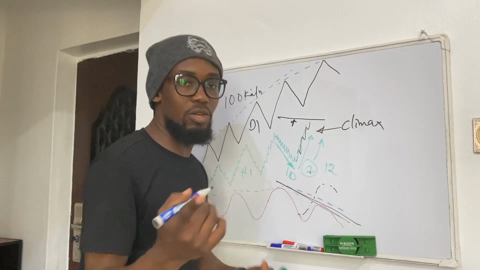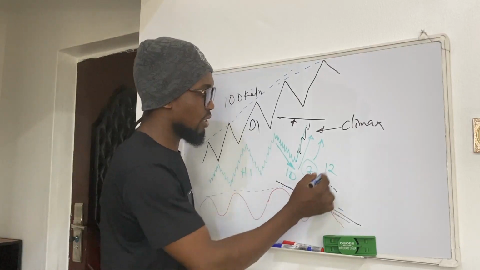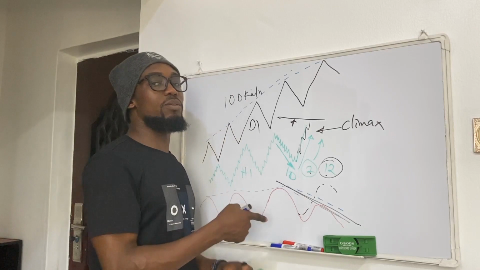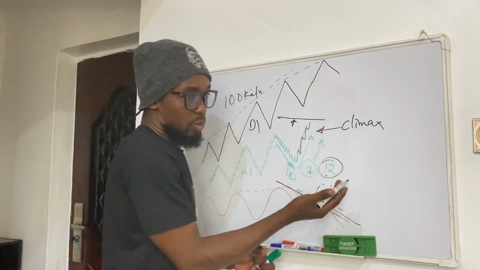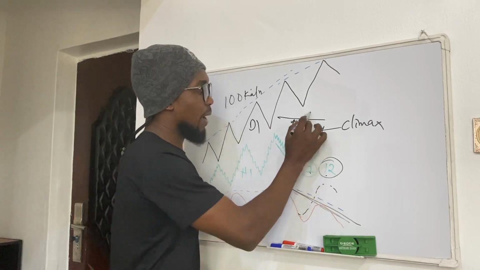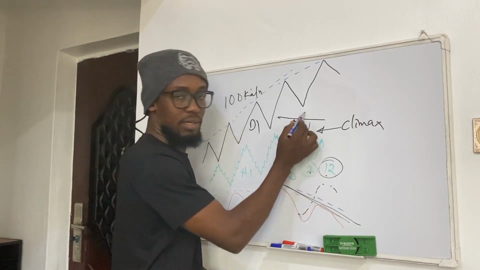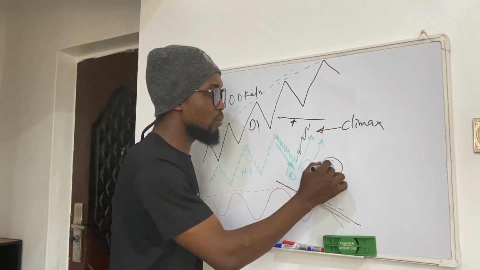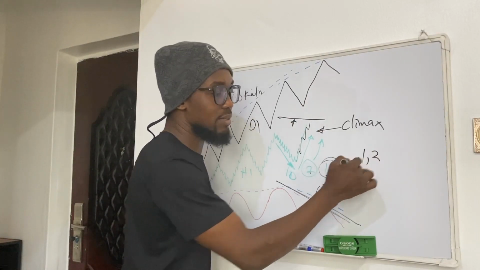Okay? So what you're taking home is this. Oscillators take into account about 12 prices, 12 bars, 12 candles. If there is a sudden spike, it cannot account for that spike because that spike happened in just 1 or 2 bars.